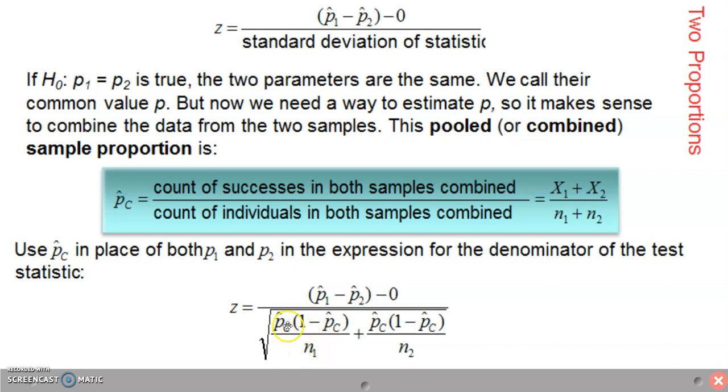We use this assumed value for p, which is kind of like an average of the two proportions you got in your two samples. And you plug this new proportion into our formula for the standard deviation of that statistic. And then this is the formula you get for your test statistic.